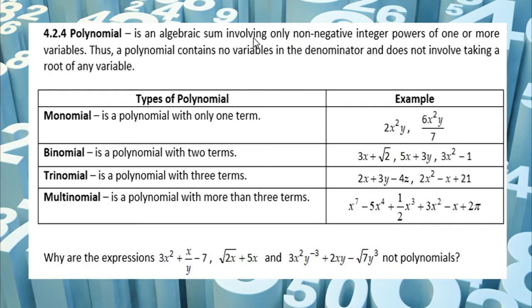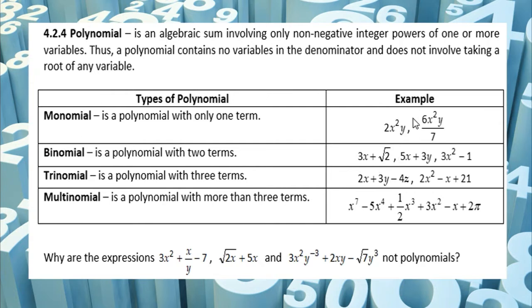Polynomial is an algebraic sum involving only non-negative integer powers of one or more variables. Thus, a polynomial contains no variables in the denominator and does not involve taking a root of any variable. So, that is the definition of our polynomial.